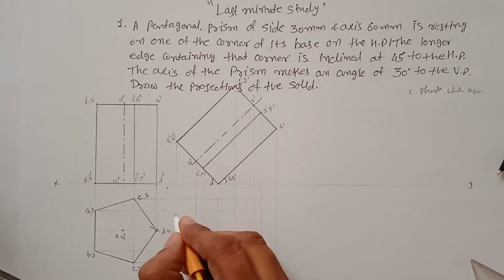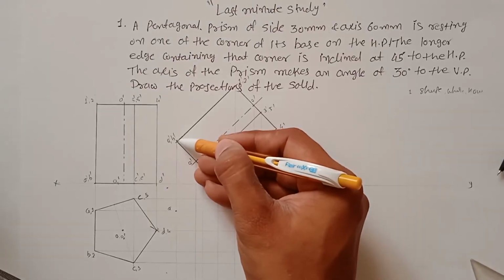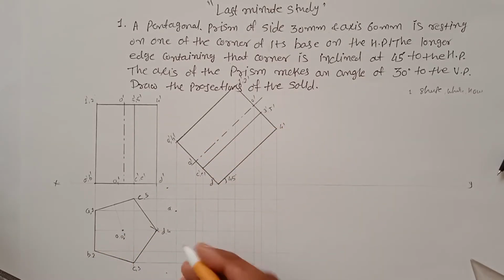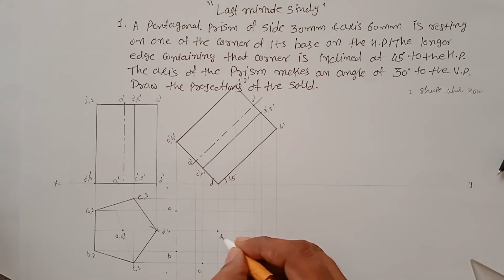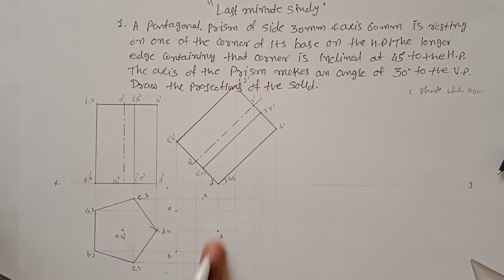So this point is my A point because this line is passing from the A dash B dash corner and this is from A. So this point is my A point, this is my B point, then C, D and E. So you can see something like a pentagon.